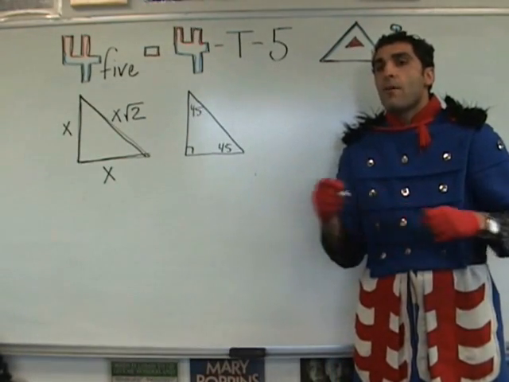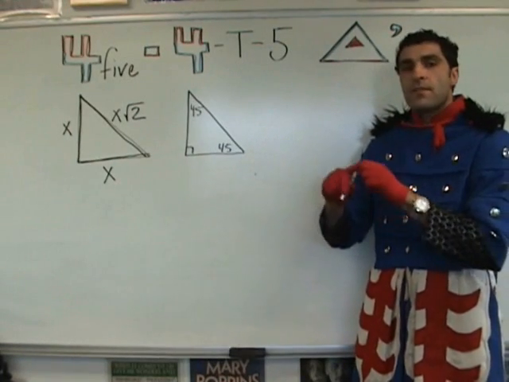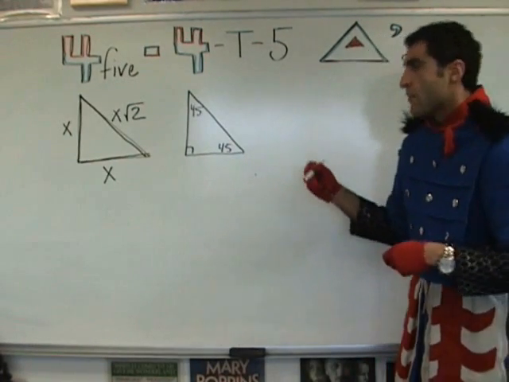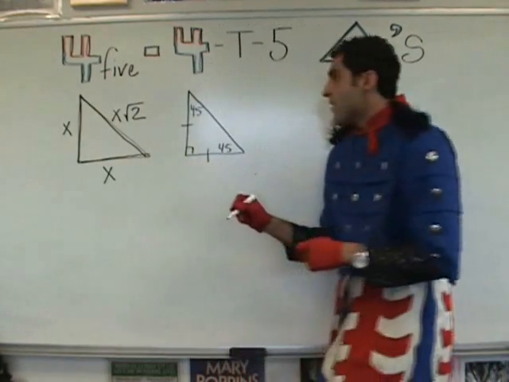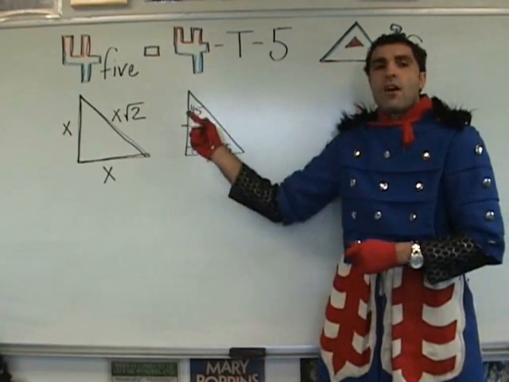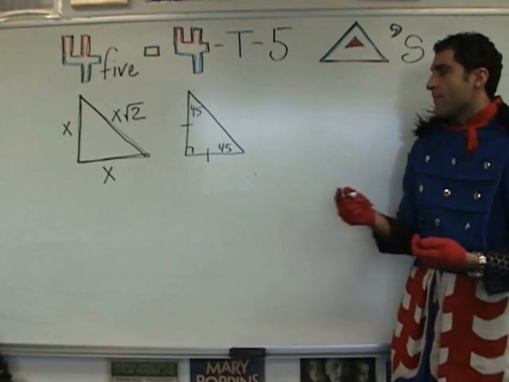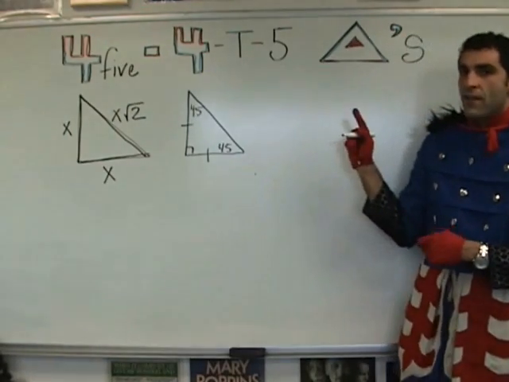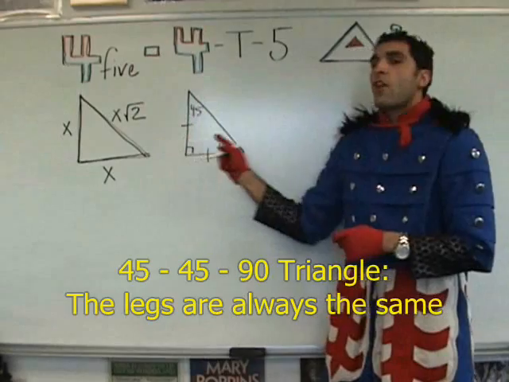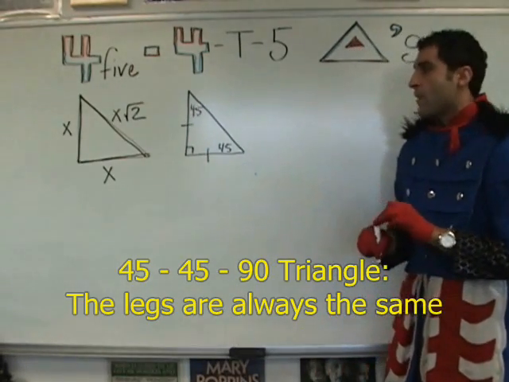Which sides will be congruent here? The ones opposite the angles. And you also know that the hypotenuse is going to be longer than the legs. These are called legs. So that's a really easy component of a 45, 45, 90 triangle: the legs are always the same, no matter what.